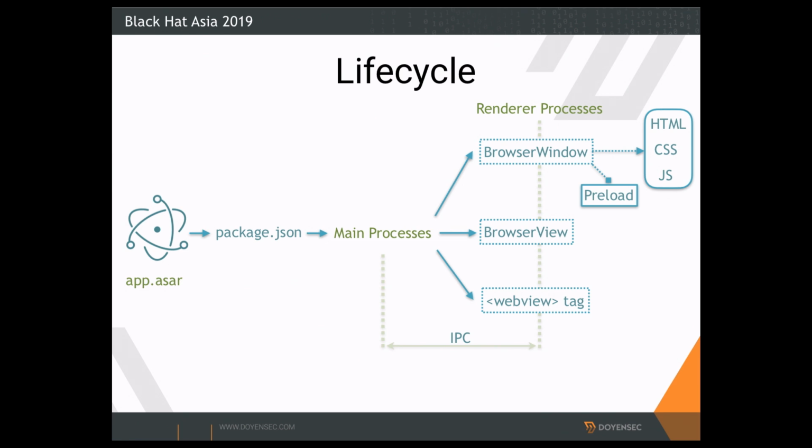With today's releases of Electron, there are three ways of creating a render process. The most common one is the BrowserWindow. BrowserView is a recently introduced object that is equivalent to the webview tag. The webview tag is a custom HTML tag that is understood when you run content inside an Electron context.